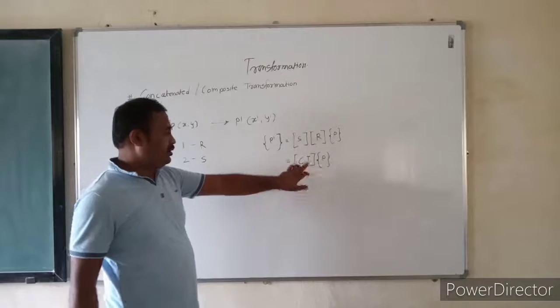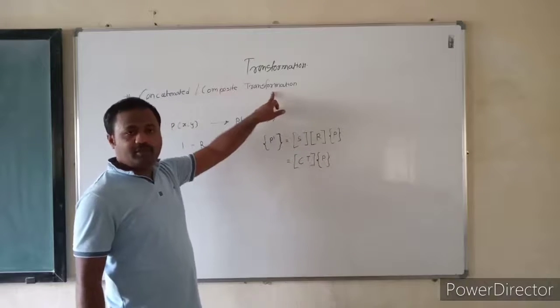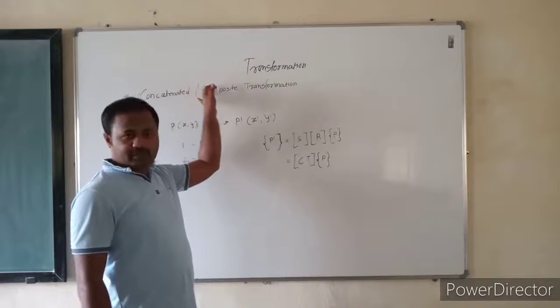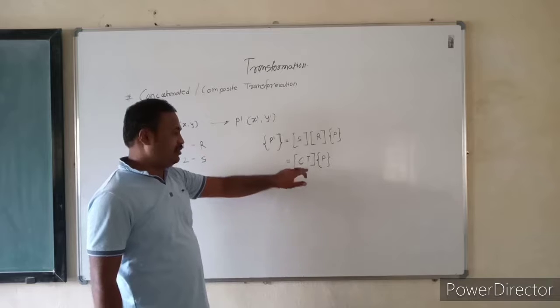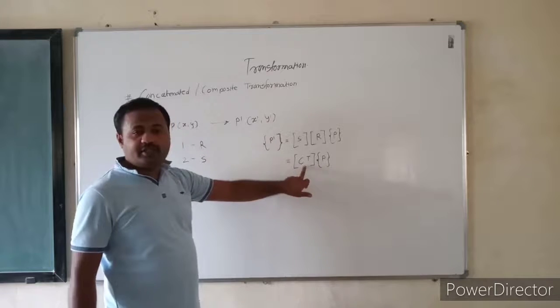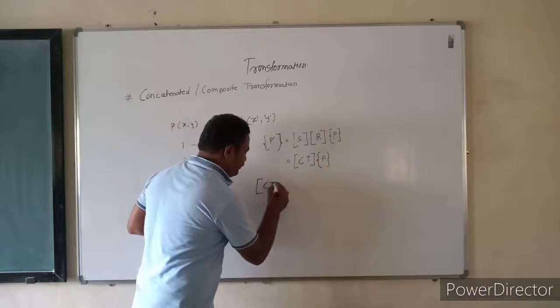CT is a new matrix called the composite or concatenated transformation.